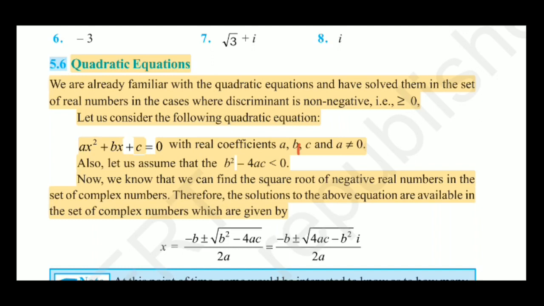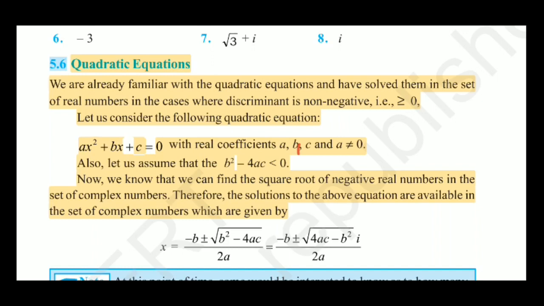But the third case, which is very important, is when the value of D is less than 0. Then we say the quadratic equation has no real roots. But here in plus 1 we will solve this case when we don't have real roots.